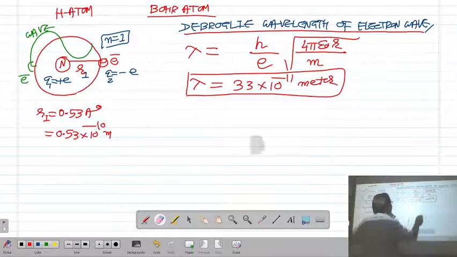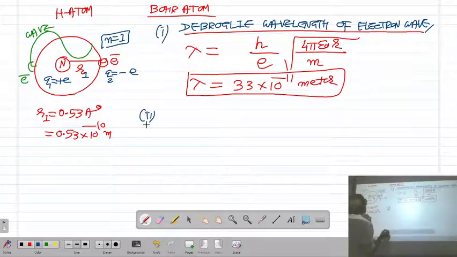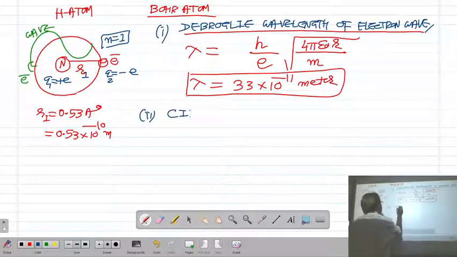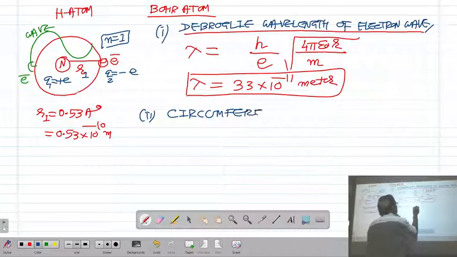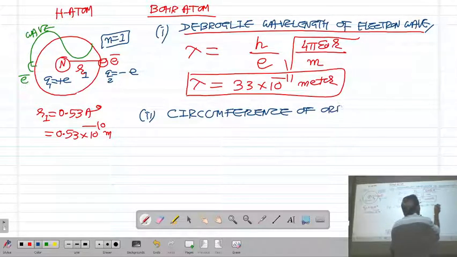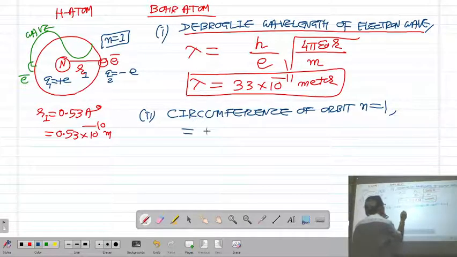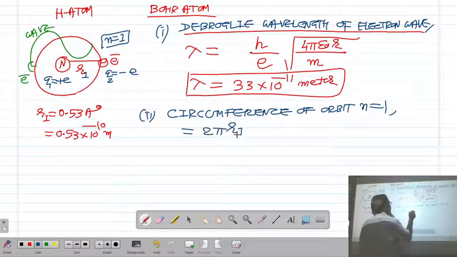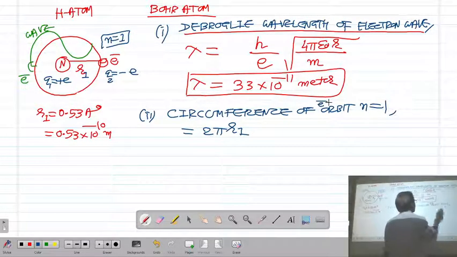Now if you calculate the circumference of this orbit, n is equal to 1, it is 2 pi r1. Right? So let us find out the circumference of electron orbit n is equal to 1.